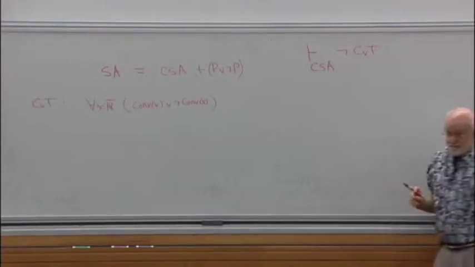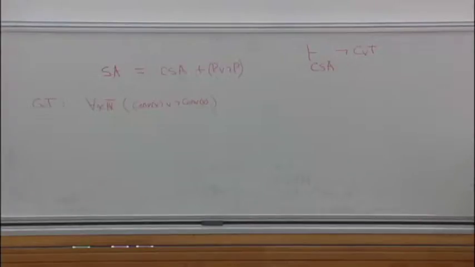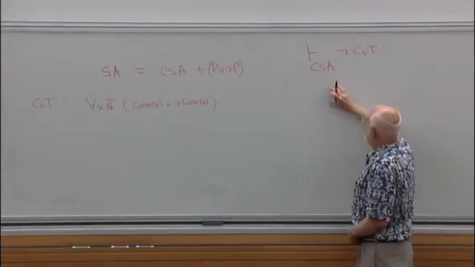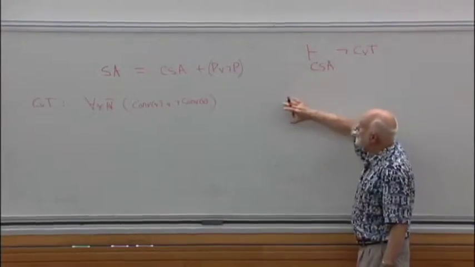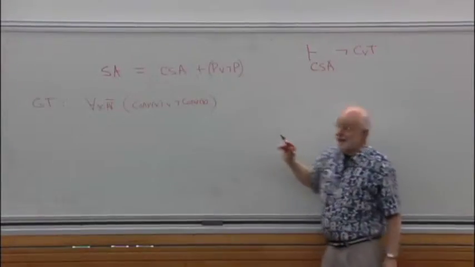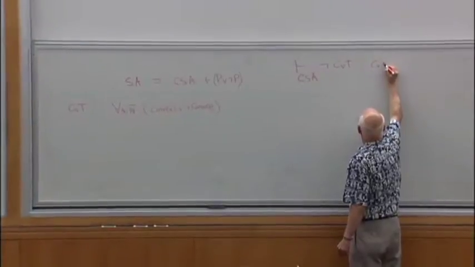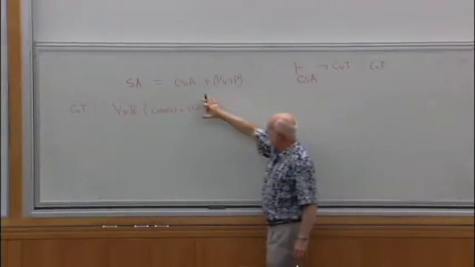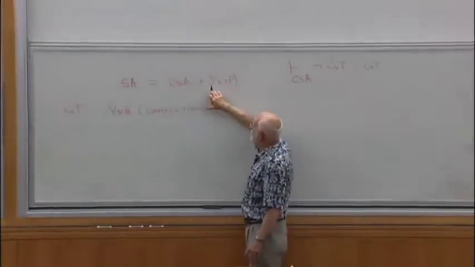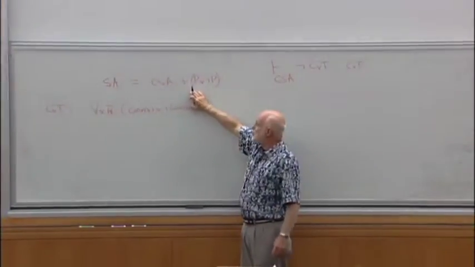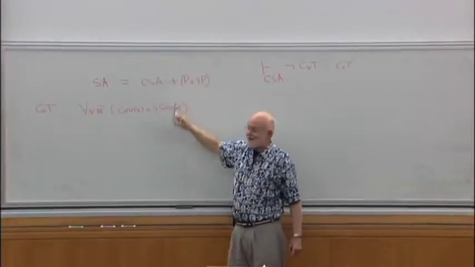So that's just not going to be true. And so when you put P or not P in here, you're going to get CVT. So what we notice is that instead of factoring, when you put this thing in, this theory becomes inconsistent.